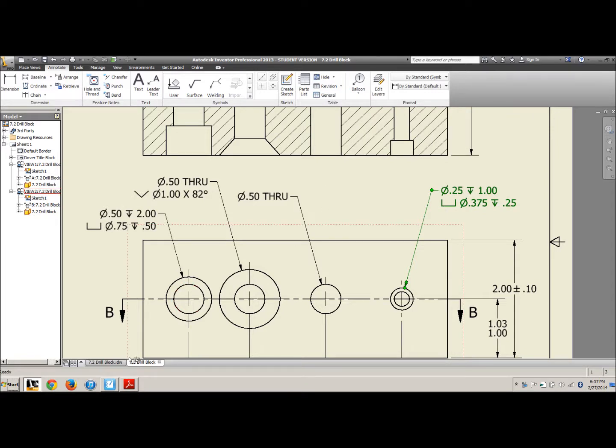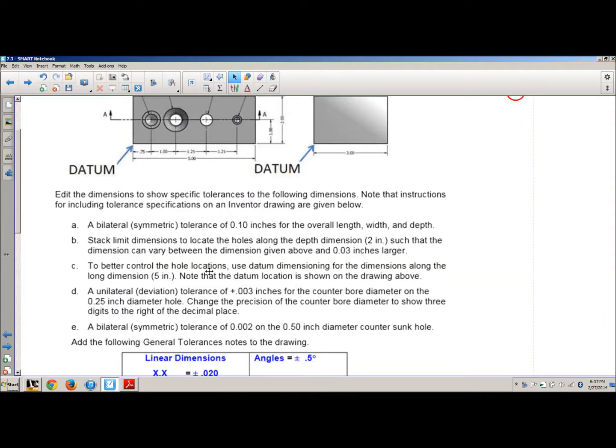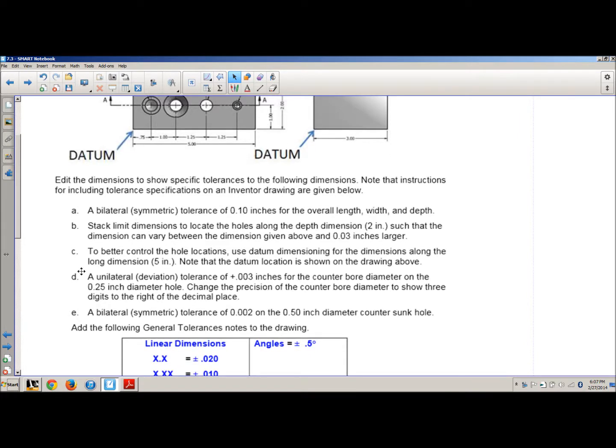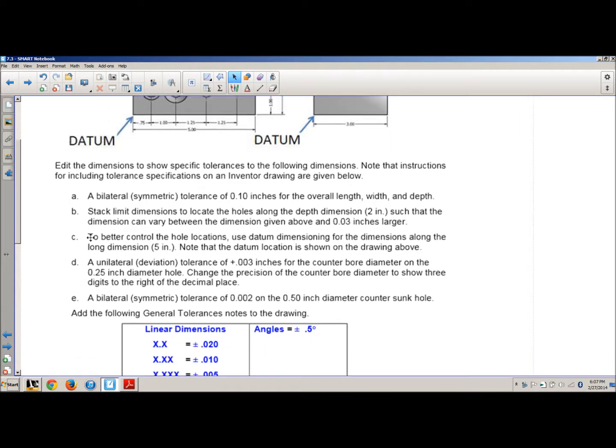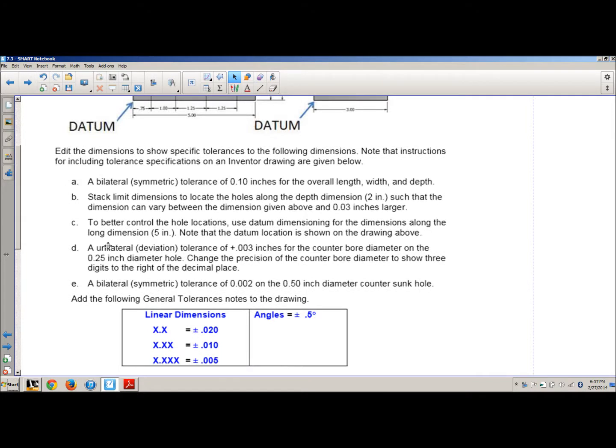Okay, let's read what the specific tolerances we're supposed to add to some of the other holes on this block. Supposed to add 2 specific tolerances to the holes, a unilateral tolerance of 0.03 inches for the counter bore diameter on the 1/4 inch hole, 0.25 inch hole.